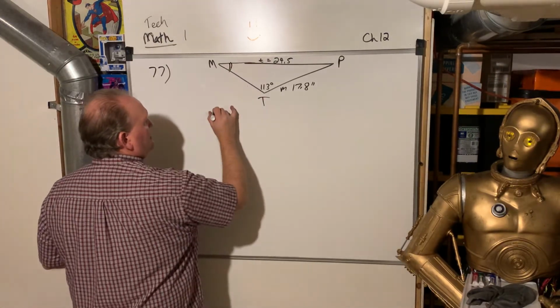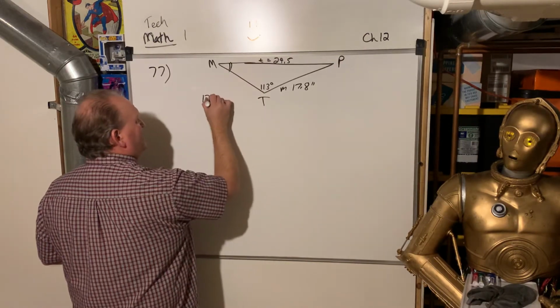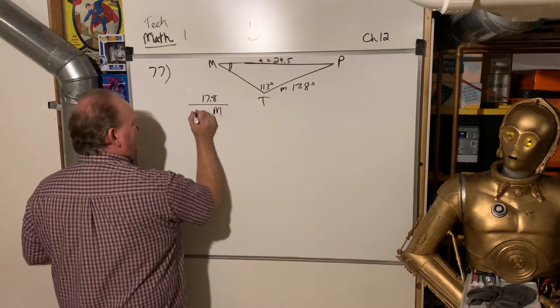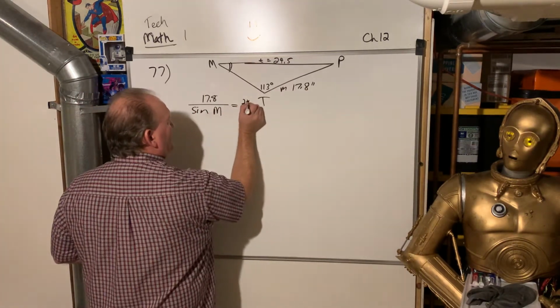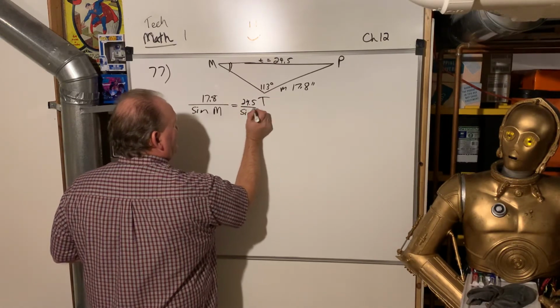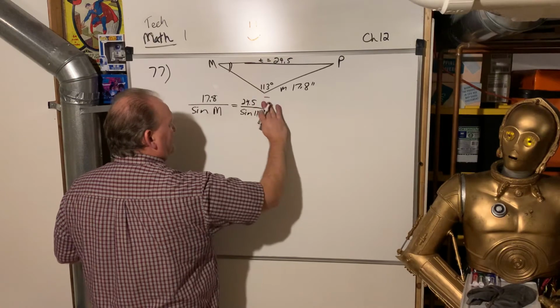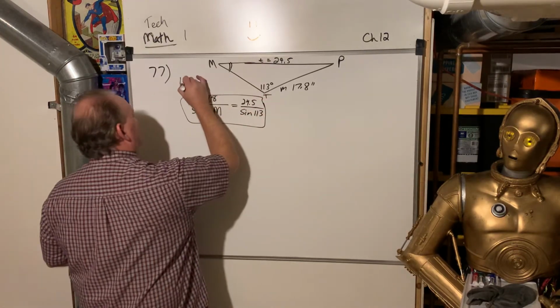So it's this angle, this side, 17.8 over the sine of that angle, is equal to that side, 24.5, over the sine of 113. And that would be what you'd use. So law of sines.